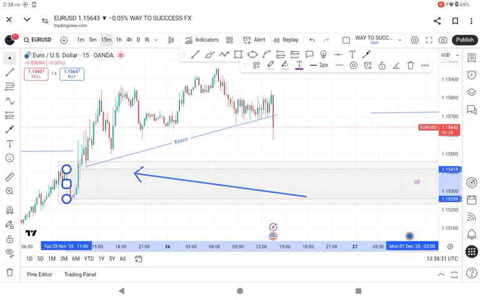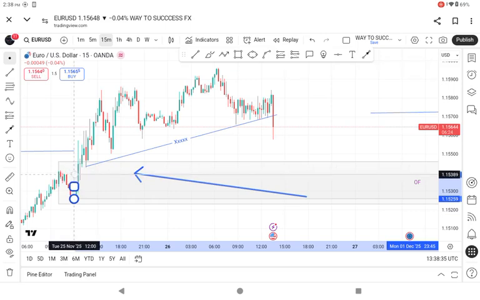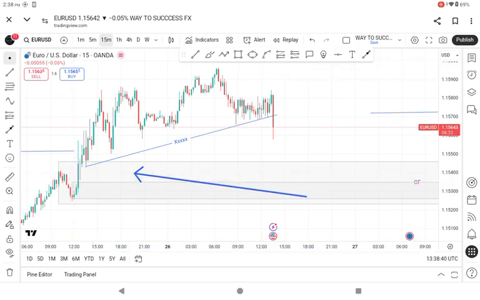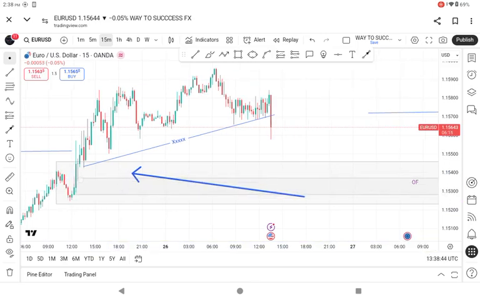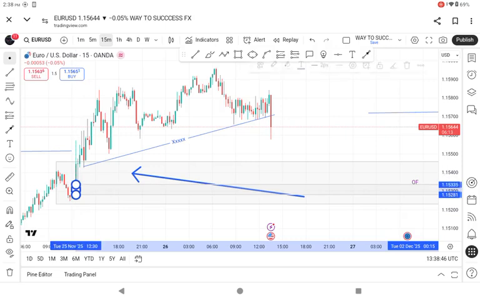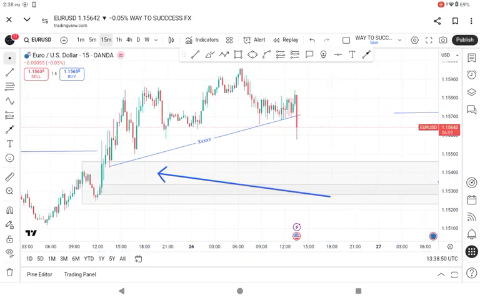So this is our order block in 15 minutes. But I will recommend you focus more on the order flow in 15 minutes, which is the bigger box. So that is what we have currently now on Euro USD.